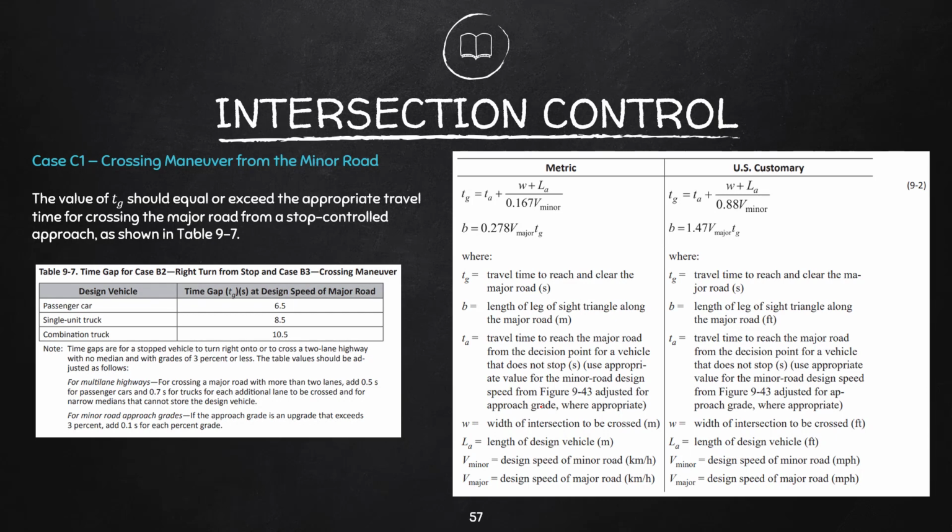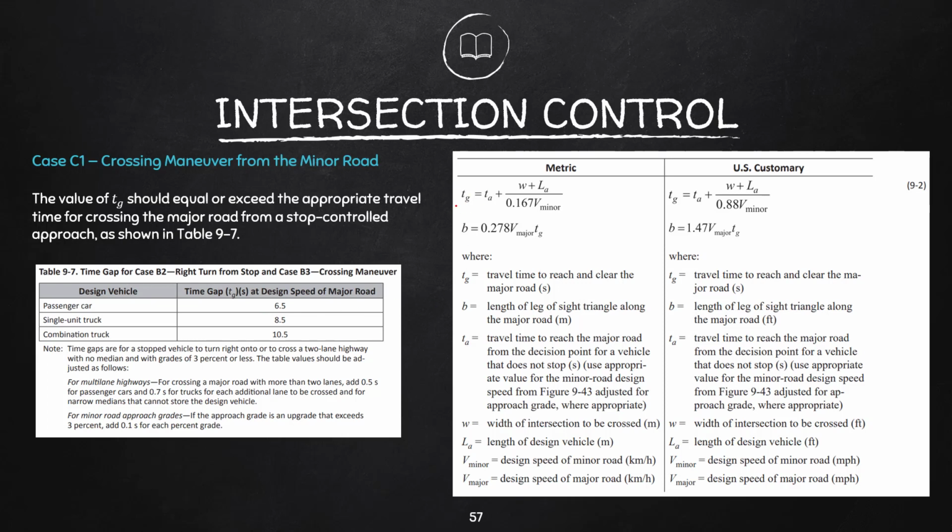The value of Tg should equal or exceed the appropriate travel time for crossing the major road from a stop-controlled approach as shown in table 9-7. So these are the minimum values, still from table 9-7 for case B3. Okay, so these are the minimum values.